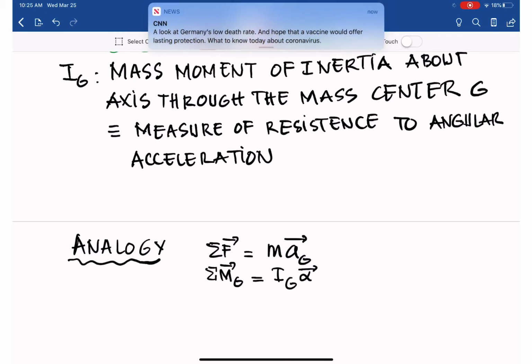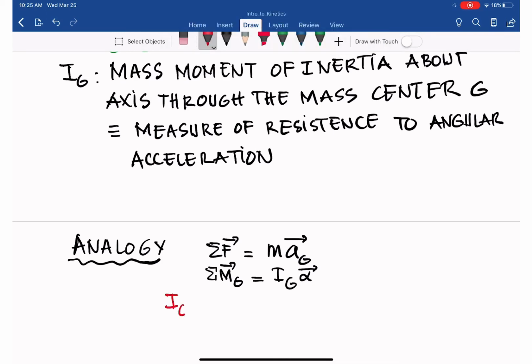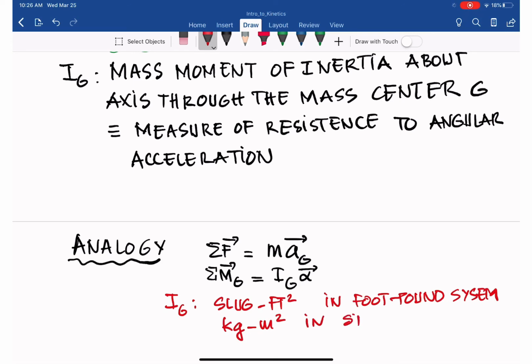In the foot-pound system, the unit is slug, that is mass, times feet squared, and then the unit will be kilogram times meter squared in SI units. So that is the Ig.